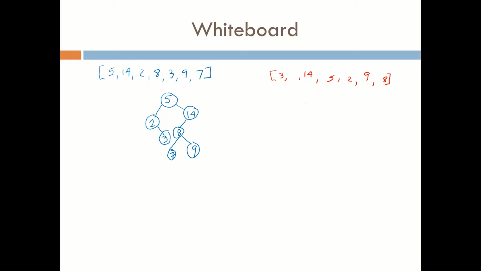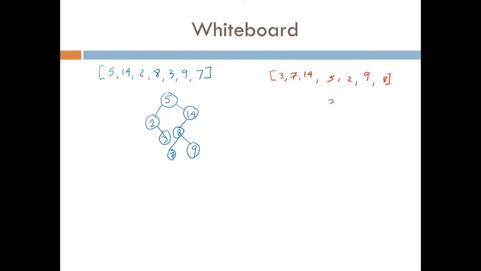So we begin, let's see, 1, 2, 3, I'm missing a number. 14, 2, there's the 8, there's the 3. Let's put the 7 right here. Okay, let's insert this sequence.